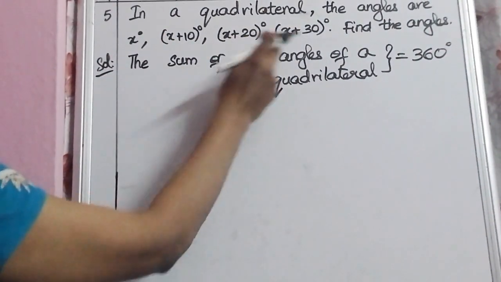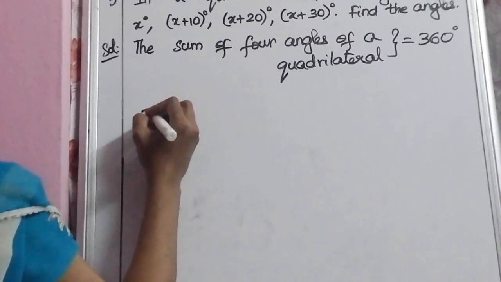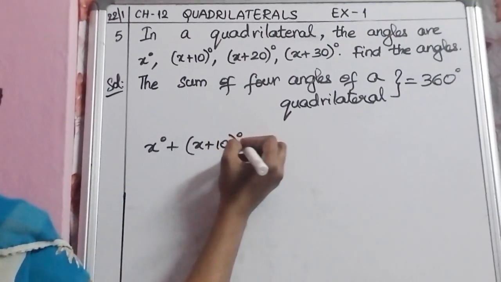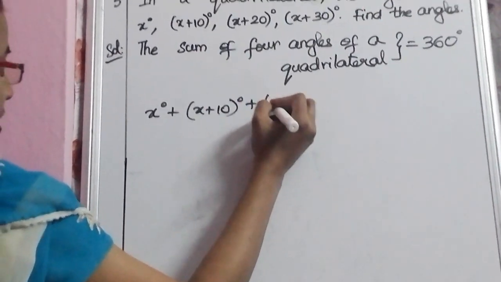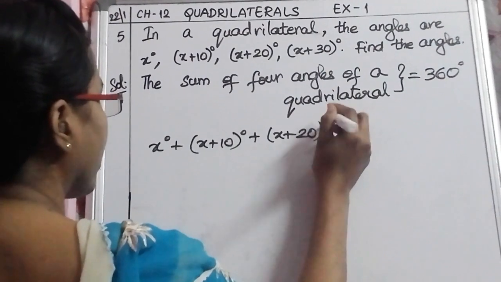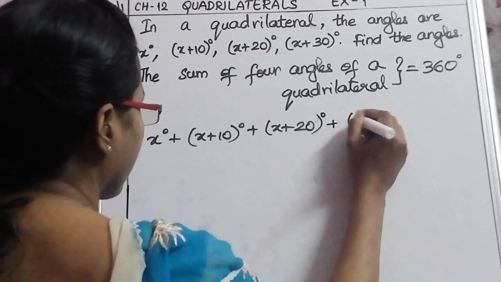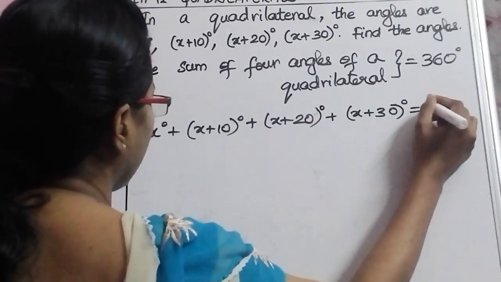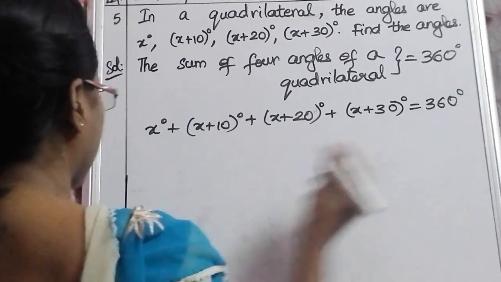And here individual angles are given. So x degrees plus x plus 10 degrees plus x plus 20 degrees plus x plus 30 degrees is equal to 360 degrees.